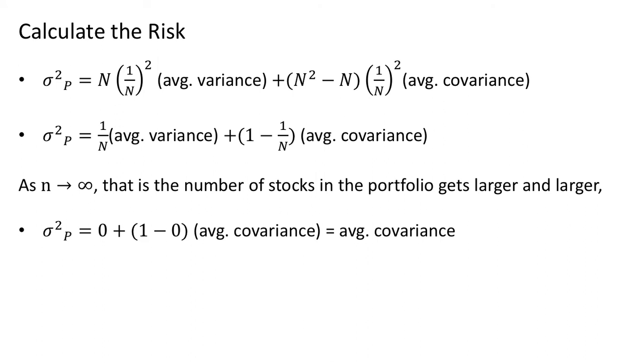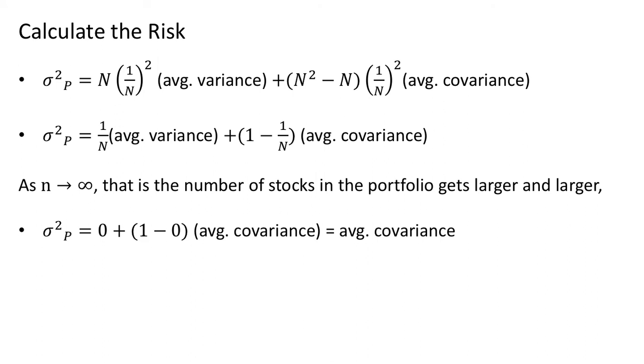N squared minus n would be 42 in our 7 stock portfolio, right? 7 times 7 gets you that 49 element matrix. Subtract out the 7 elements associated with variance, and you're left with all the covariance elements. So you can see the second of the 2 addends in that equation becomes more and more powerful as n gets larger and larger.